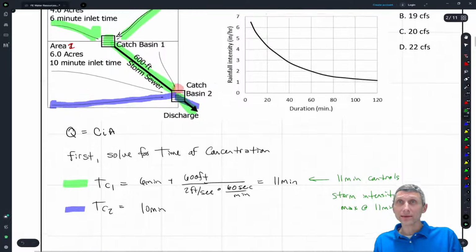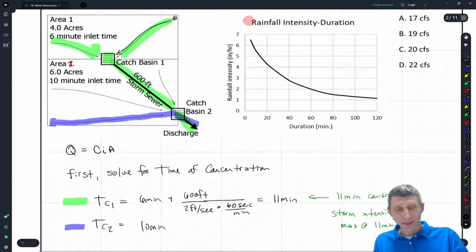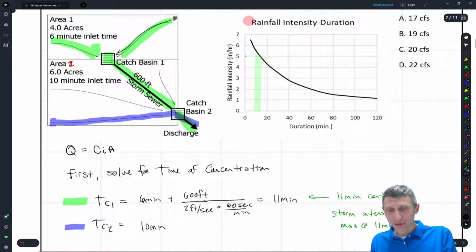So if we have that, we can come back up here now, and we can use our rainfall intensity duration curve, and we can take a look at this, right? So I'm just going to get a line here, and I'm going to come in at 11 minutes, which is right around here. I don't know if you can see that. Yeah, you can see it well enough, right? And then what I'm going to do is go until I hit this curve, and then I'm going to come over.